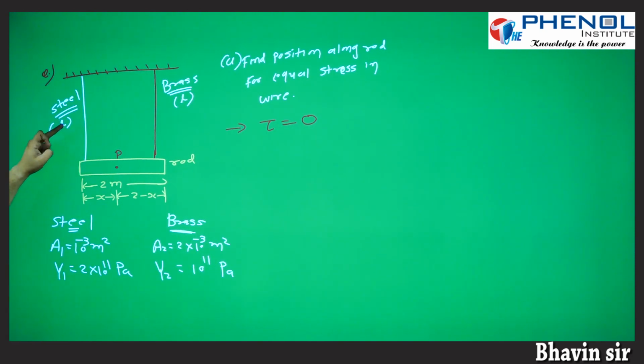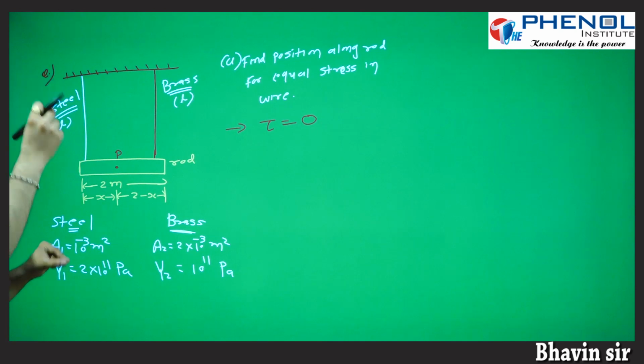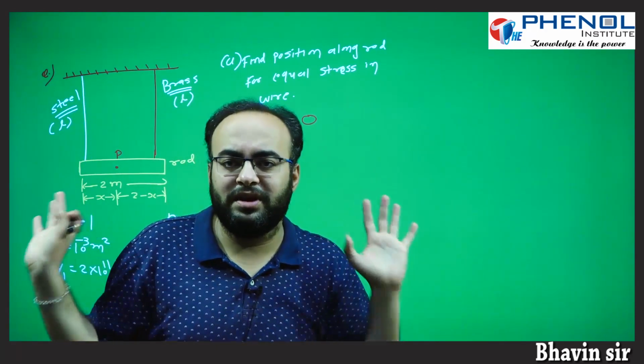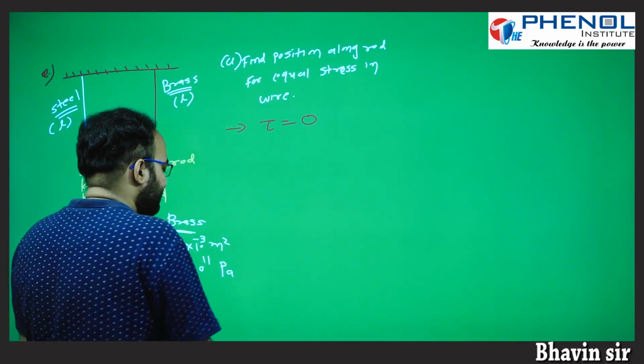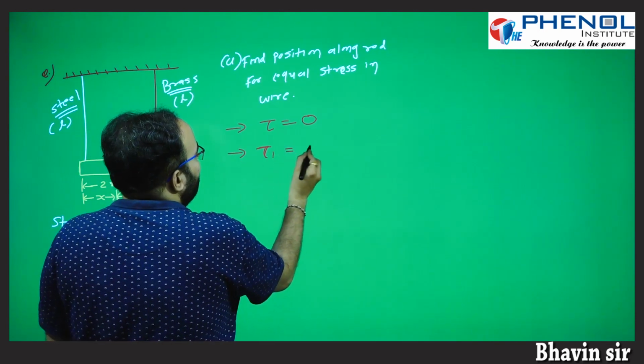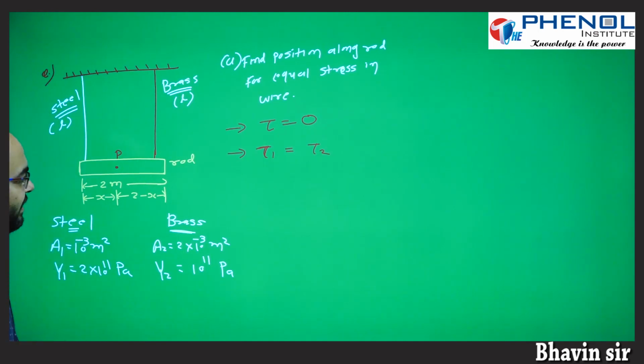Suppose if the steel wire rotates in the clockwise direction, then the brass wire rotates anti-clockwise, so the rod remains stationary. So the torques produced by 1 and 2 are equal in magnitude, opposite in direction.